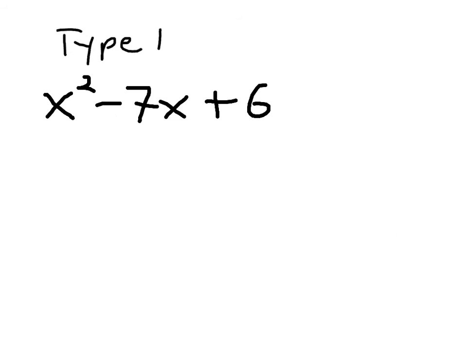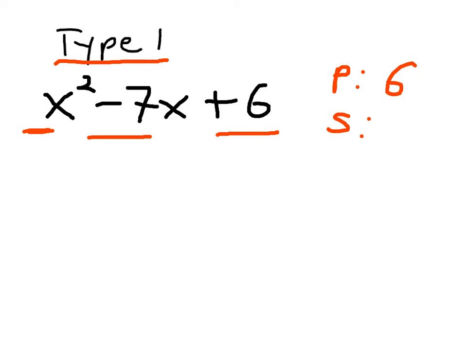So whenever you have type 1, you're dealing with three terms, and there's no number here in front of the x squared, and so this is a simple product sum. So you're looking for a product of 6 and a sum of negative 7.